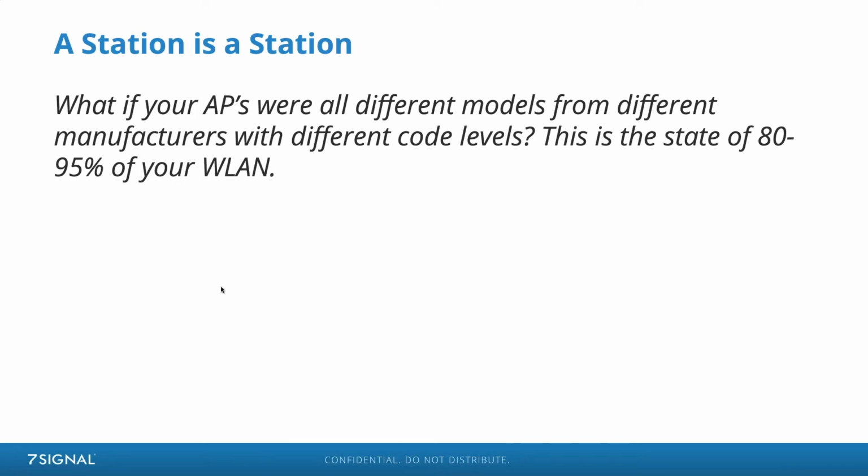We don't have standardized hardware. We're not standardized on vendors. And we probably have a whole variety of different drivers and operating systems on those machines that are affecting their Wi-Fi performance. So that's one of the reasons why clients deserve more attention than they get.